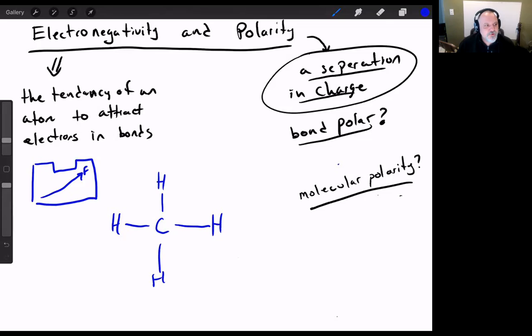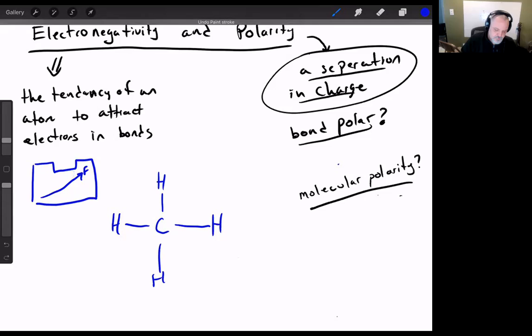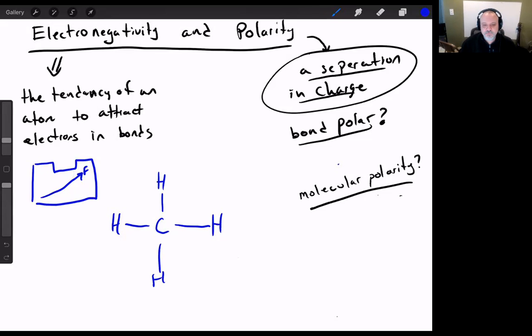Are the bonds polar here? Where's carbon? Carbon's over there. Where's hydrogen? Hydrogen's over here. What's more electronegative, carbon or hydrogen? Yeah, carbon. So are they polar? They're not the same.